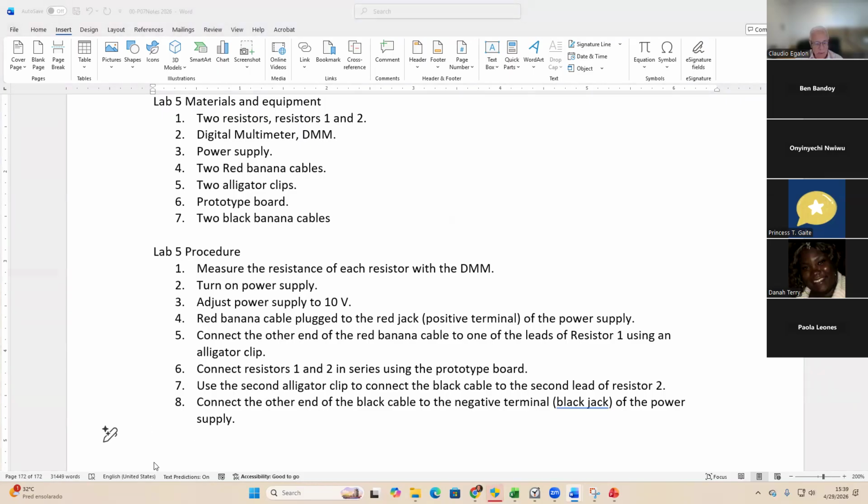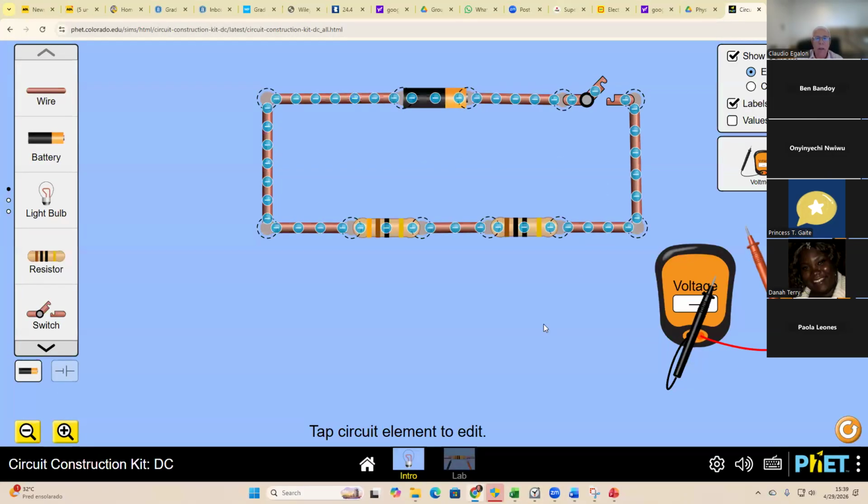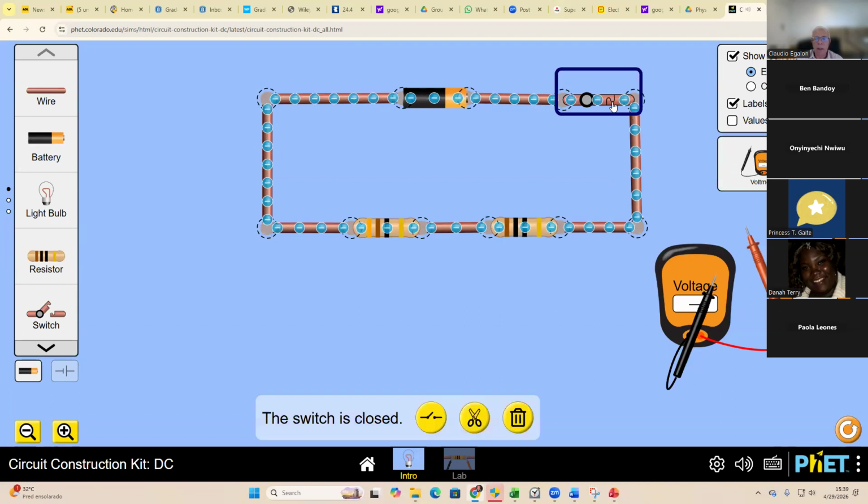Once we close the circuit, the current should be moving through it. Very slow, but it's moving anyway. And I'm going to put the circuit for the current to flow in the conventional case.